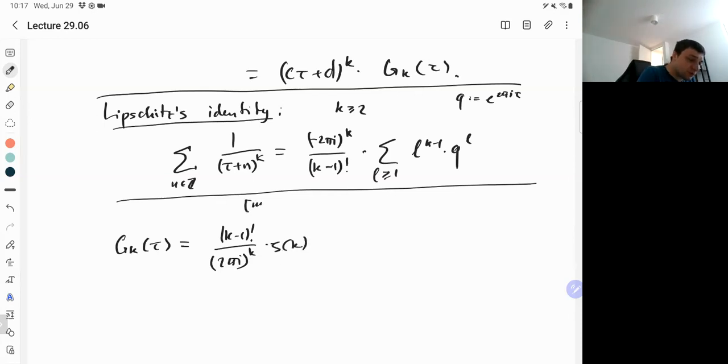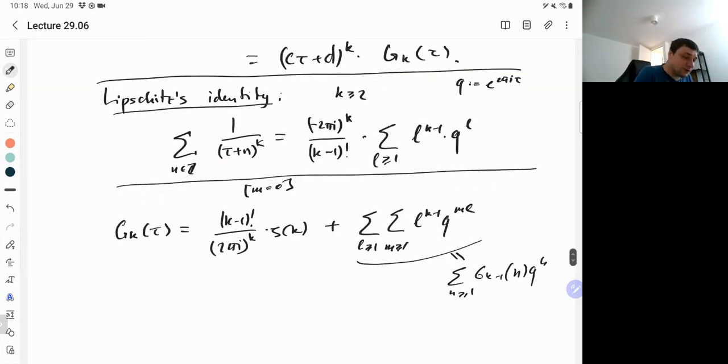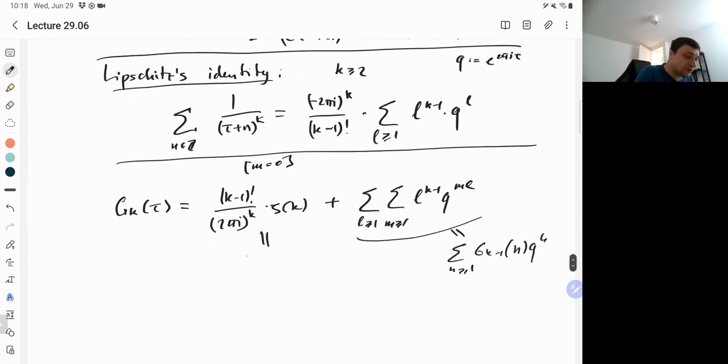And for the rest, you use Lipschitz's identity, and you get a double sum of this form. If you rearrange terms, if you resum this thing, you'll get the divisor sum function. And this is an identity due to Euler, equal to minus B_k over 2k.